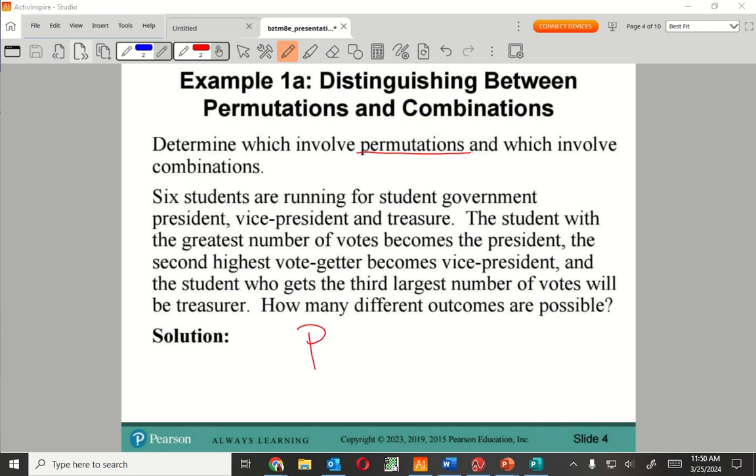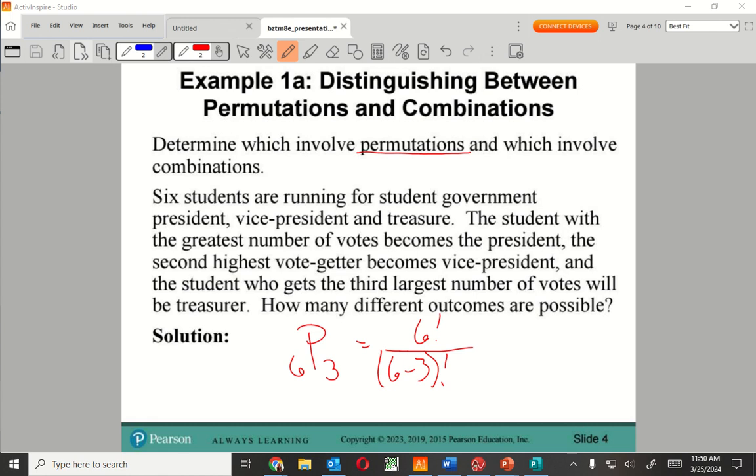How many people are in this problem? 6. And how many am I choosing? 3. You remember this from last week, right? We wrote it out like this. My permutation, so we do it in math. My formula is going to be 6 factorial over (6 minus 3) factorial.